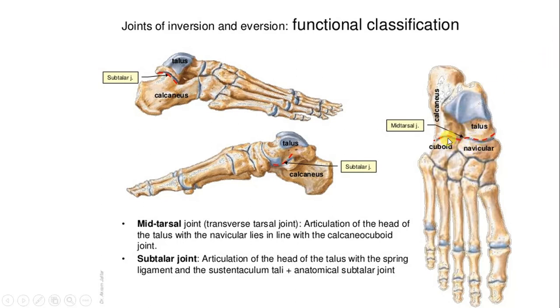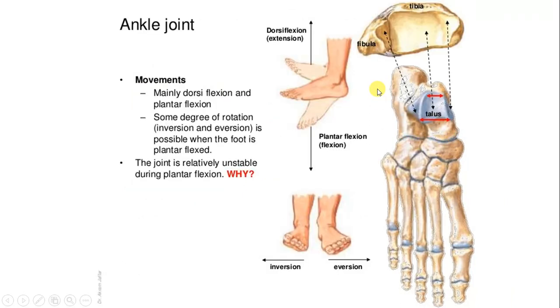Here you can see. Now the movements of the ankle joint. If you have moved your foot, you can see you can dorsiflex it, plantar flex it, invert it, and evert it. Some degree of rotation, inversion and eversion is possible when the foot is plantar flexed.